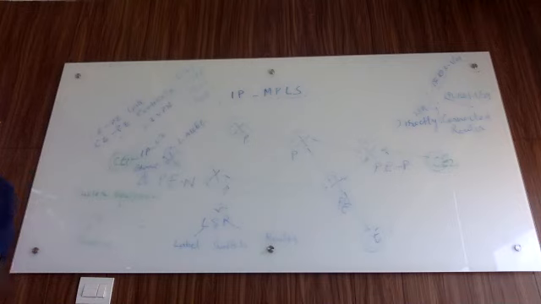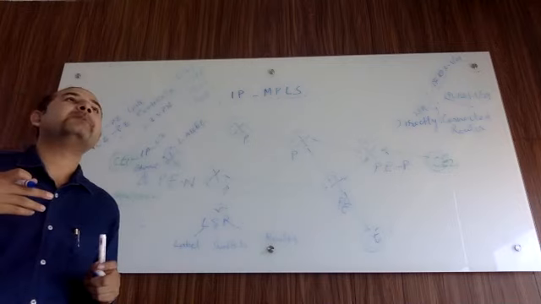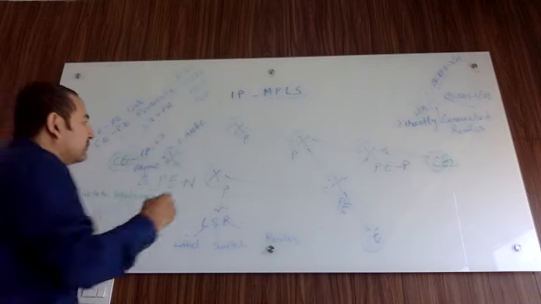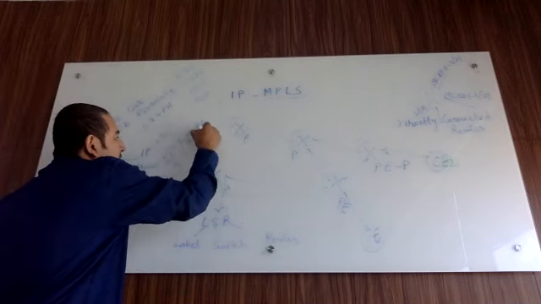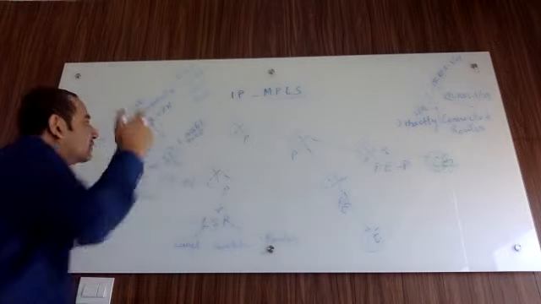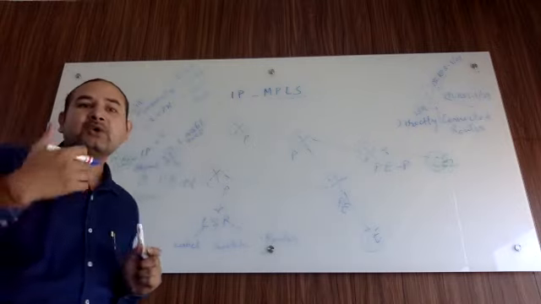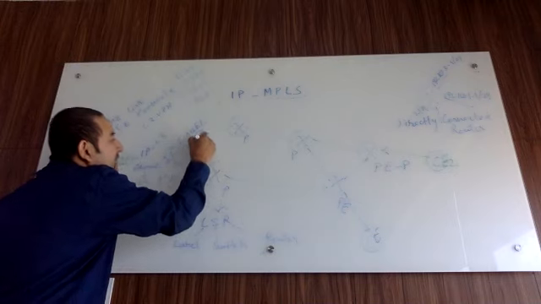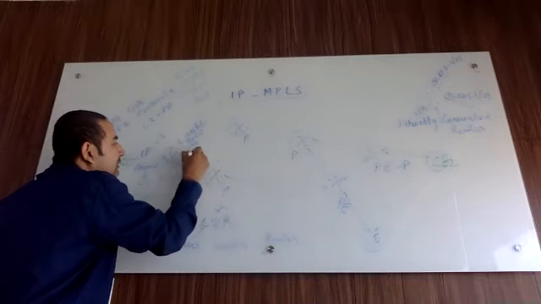So the label could be a numeric value, maybe 7008 or something like that. There will be an in label and an out label. For every interface, there will be one out label and one in label.